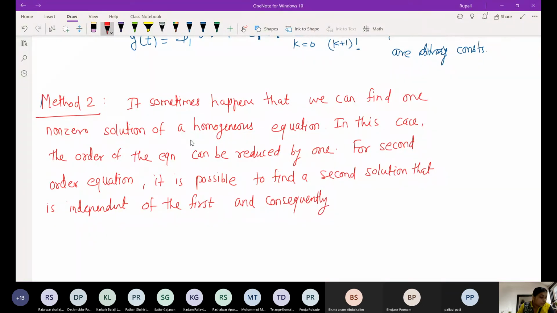So consequently we can find its general solution.